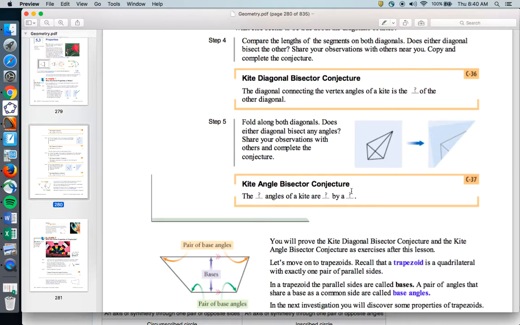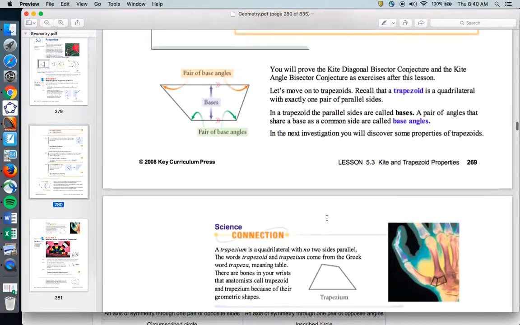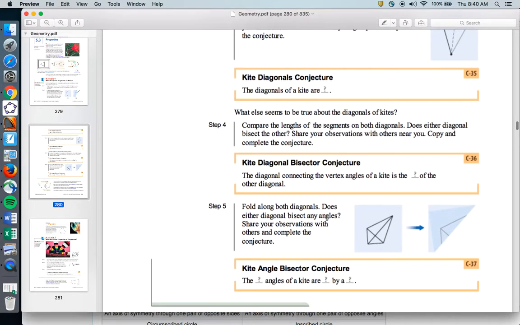Let's write that up, and then I believe that's it for the properties. We'll make one more video just to keep them short on trapezoid properties. So let's write out the KABC now.